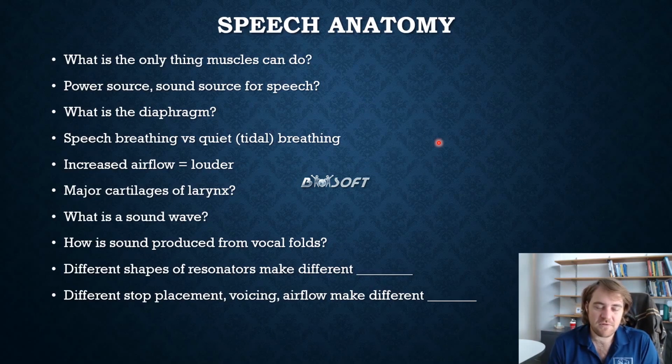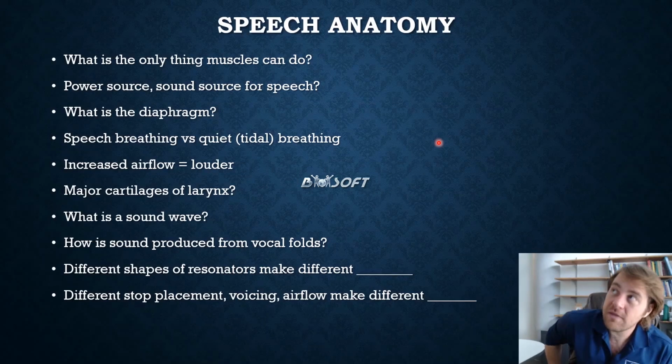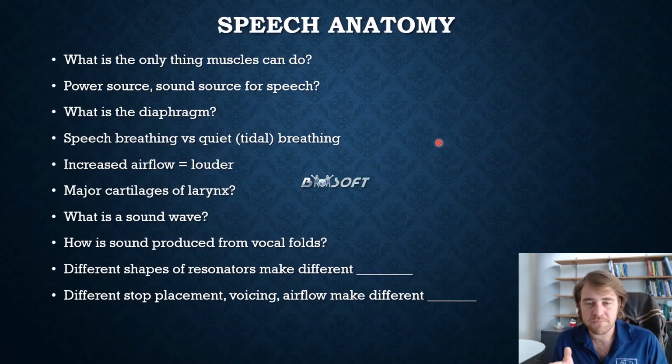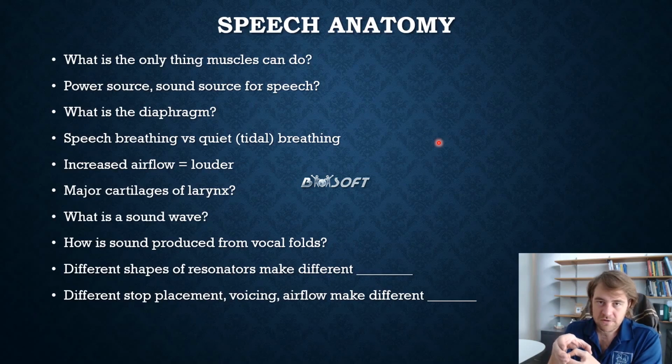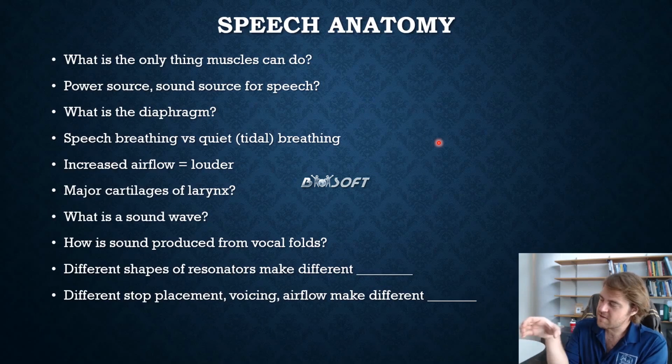The major cartilages of the larynx, there are 3 that I want you to know. You don't necessarily need to know where all of them are. You just need to know that these are 3 important cartilages. I just want you to be prepared, again, for your anatomy course. So you've got the cricoid cartilage, which is a circular, ring-shaped thing. You've got the thyroid cartilage, like a thyroid gland, and it's not ring-shaped.